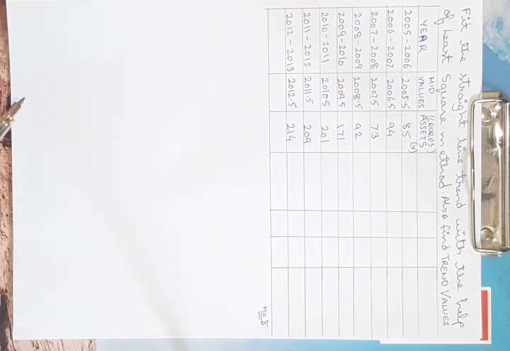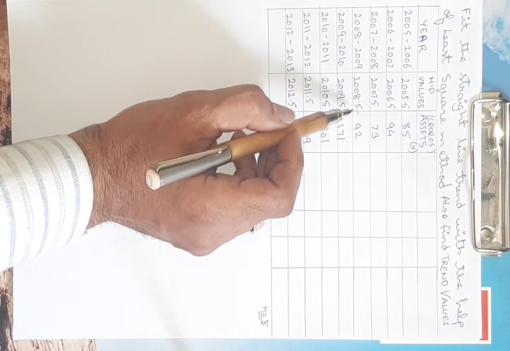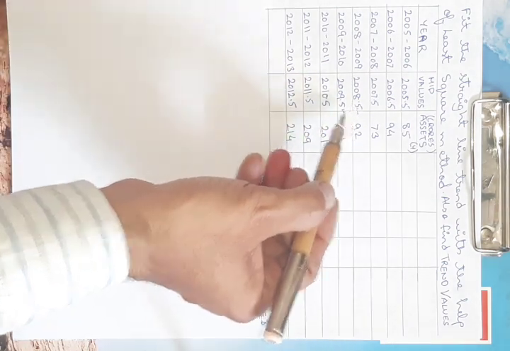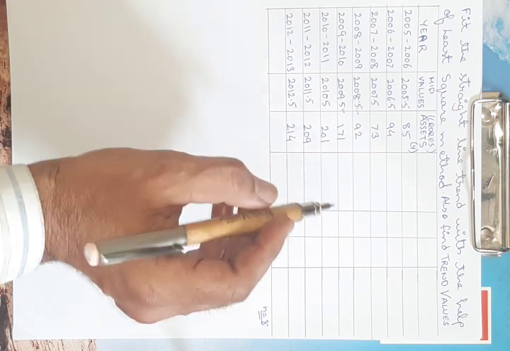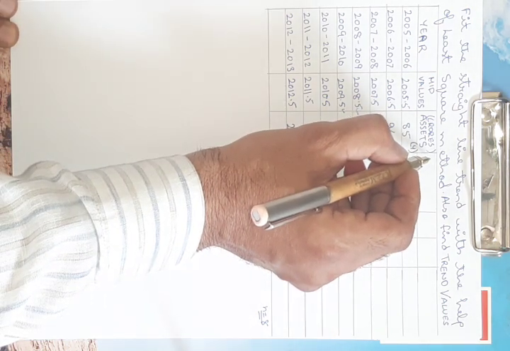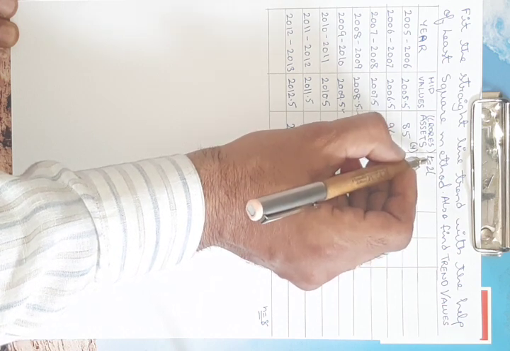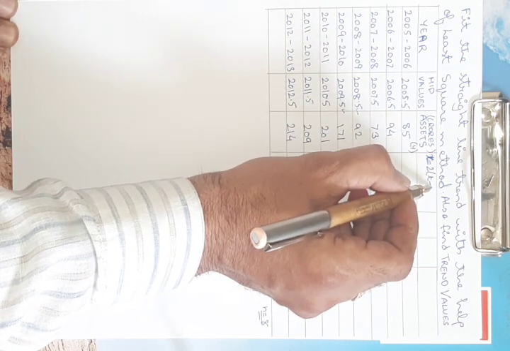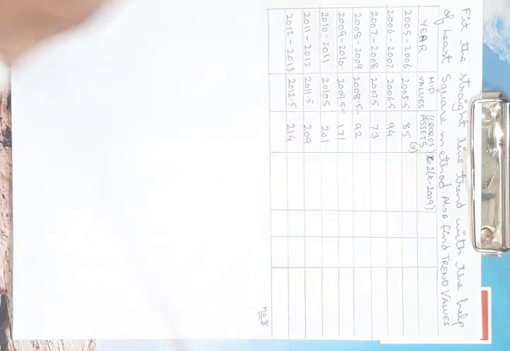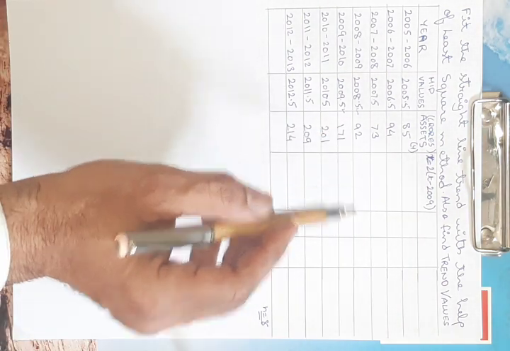You can easily see that the mid value lies between 2008.5 and 2009.5, so it will be 2009. So x is equal to 2 into (t minus 2009), and we are going to calculate all the values of x by taking the value of t minus 2009.